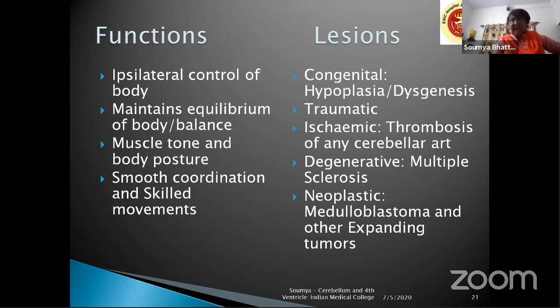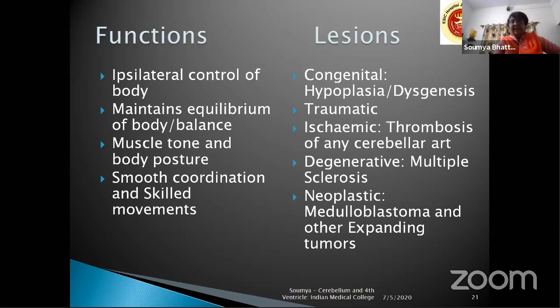The lesions can be due to congenital lesions, which can be dysgenesis or hypoplasia, can be due to trauma, if there is a fall on the back which injures the occipital bone, there is a probability of touching upon the cerebellum. Ischemic, that is thrombosis of any cerebellar artery.